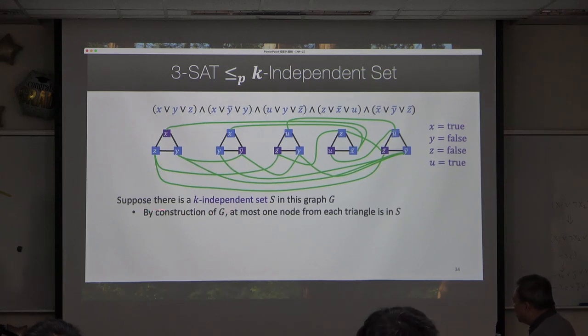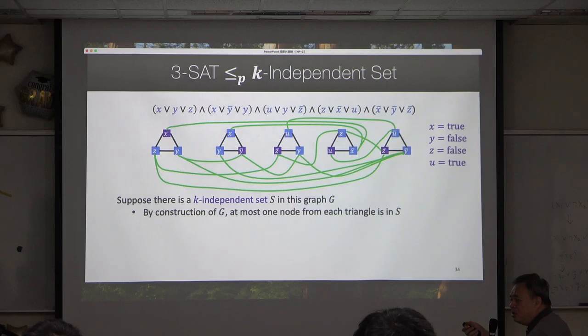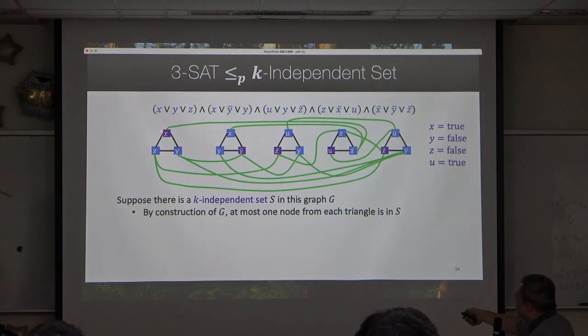Because of how we construct this graph, there is at most one node from each triangle. You cannot have more than one node from each triangle, because they are connected.